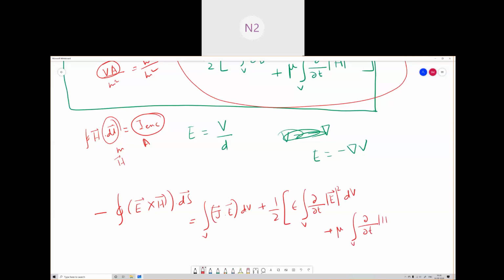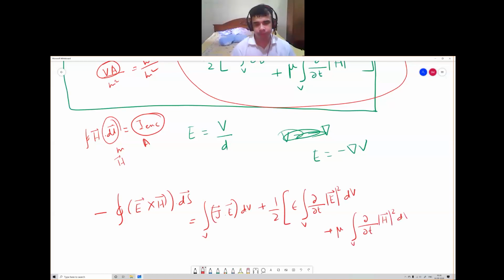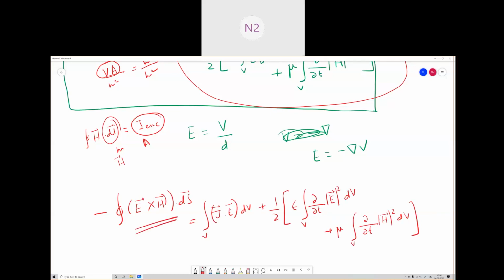If you multiply the entire thing by -1, we will get this. So what is this? This is the power. Now this will be what? Entering the surface.